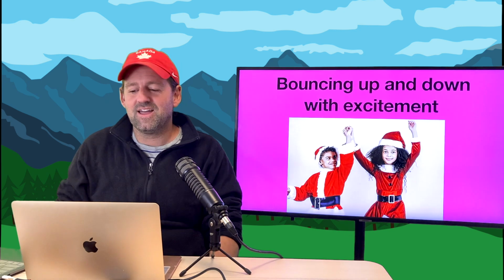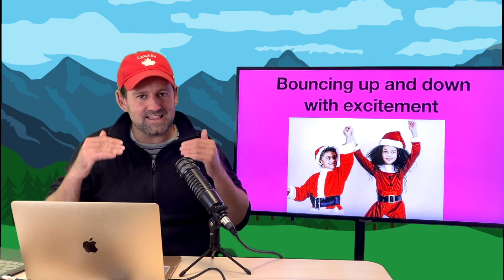So if you have a bouncy ball and you're throwing the ball around and you want to describe that sound to someone, you could say the bouncy ball went boing, boing, boing, boing, boing, right? Or if you're on a pogo stick, boing, boing. I don't know if it really makes that sound. Does it make the word boing? I don't know. But you get the idea.